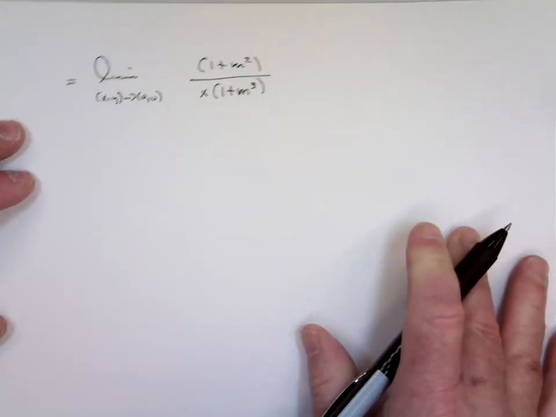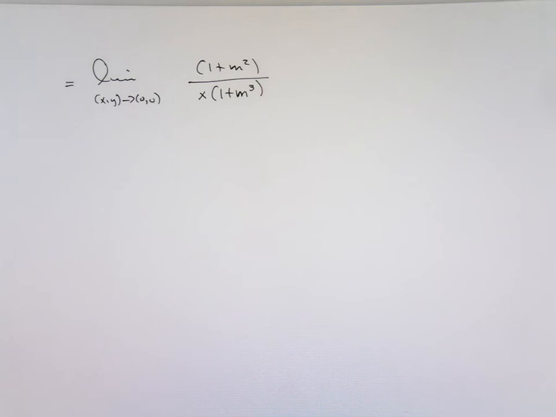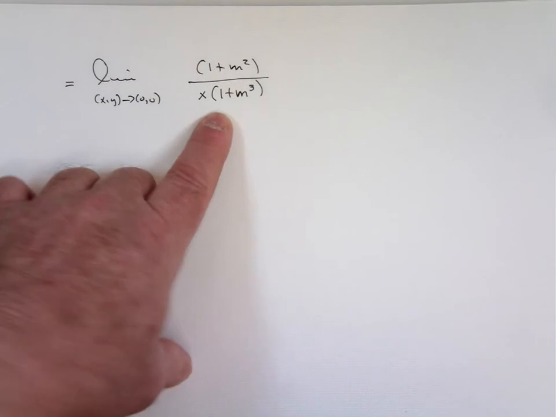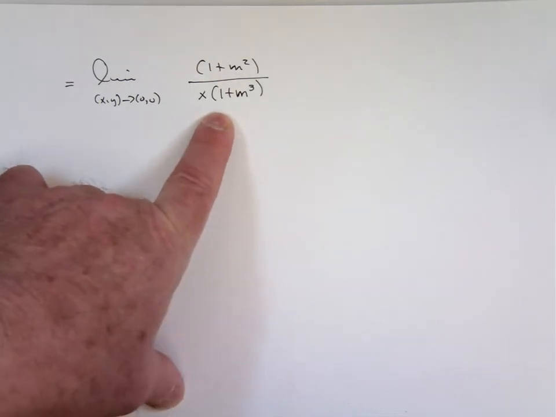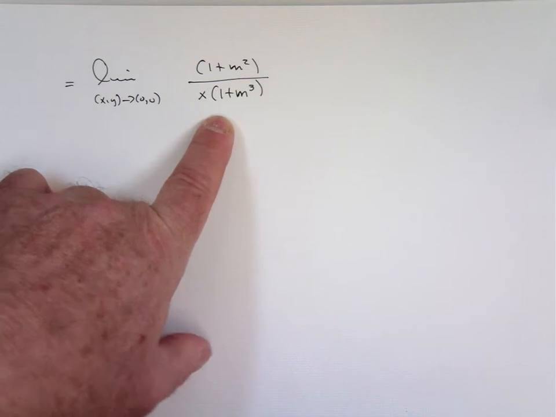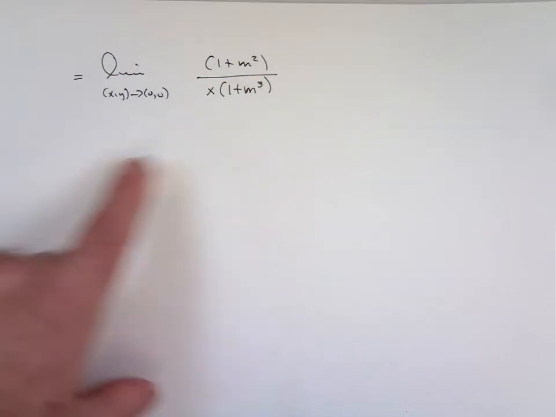Okay? Now, as (x, y) approaches (0, 0), m is a constant. It's the slope of these lines. Where does this go as (x, y) approaches (0, 0)? Infinity. Because the denominator is going to be going to 0. x is going to go to 0.